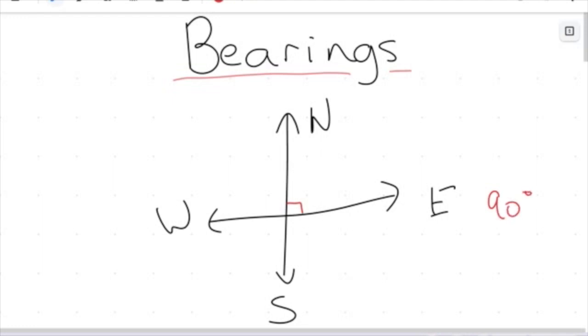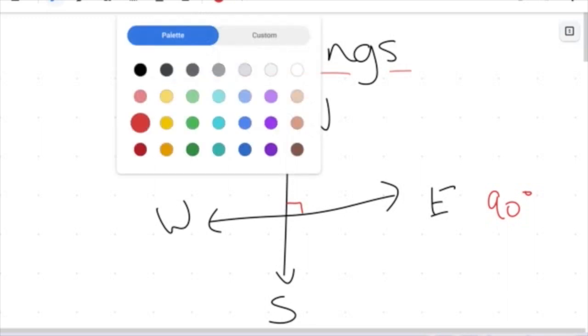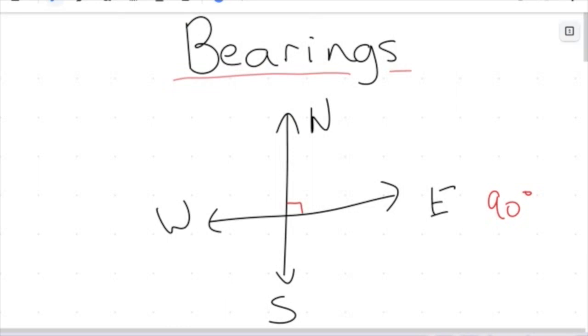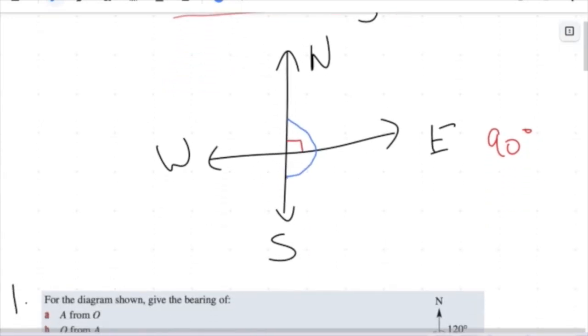Now, what about from north to south? If we go all the way from north to south, we're going straight down, because north and south lie on the same line. So the angle between north and south is going to be 180 degrees.